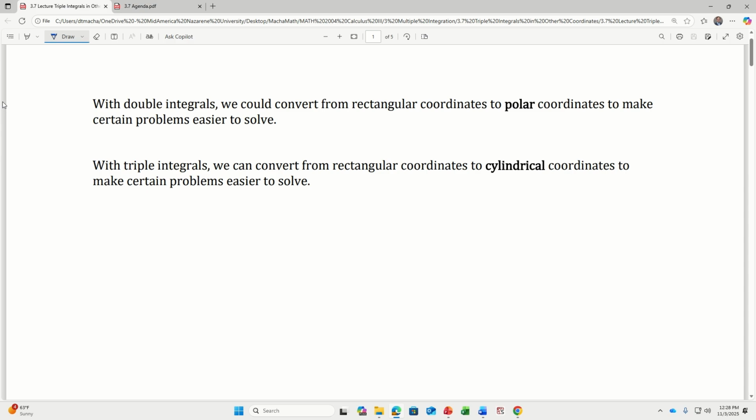So today we're talking about doing triple integrals in cylindrical coordinates and triple integrals with spherical coordinates. And cylindrical coordinates, you remember, are a lot like polar coordinates, in that for cylindrical, the change of coordinate formulas is that r is equal to the square root of x squared plus y squared.